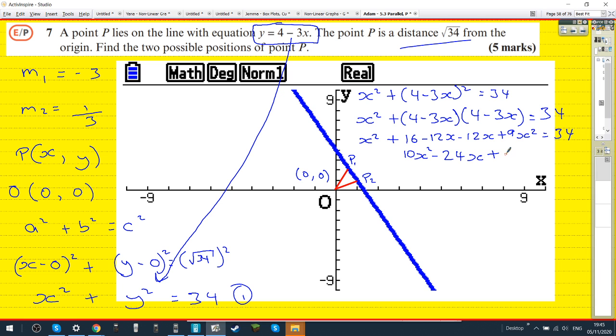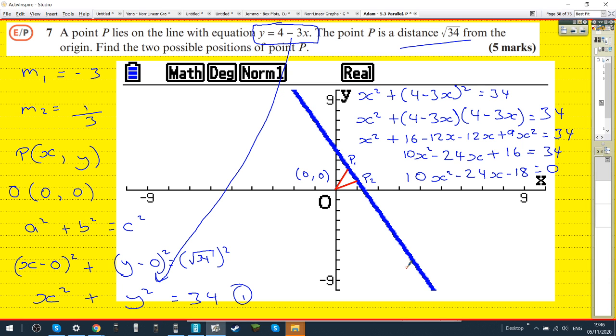So 10x squared minus 24x plus 16 equals 34, because it was squared. Then you minus 34 on both sides, which gives you minus 18. 10x squared minus 24x minus 18 equals 0.